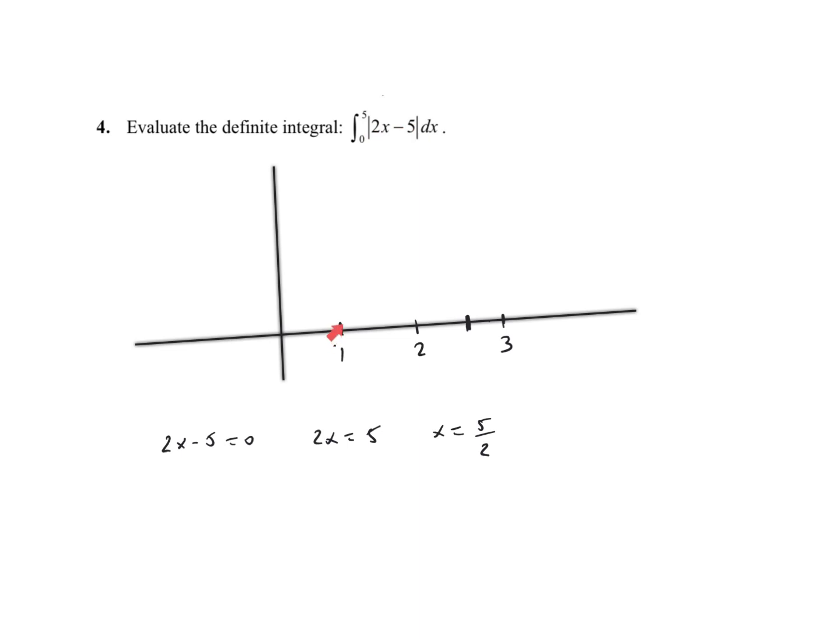So at 1 it is 3. What is the value at 2? At x equal 2, 2 multiplied by 2 is 4. 4 minus 5 is minus 1. And the absolute value of minus 1 is 1. So at x equal 2 it is 1.